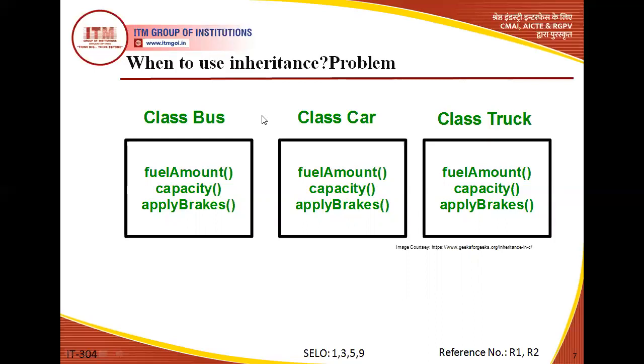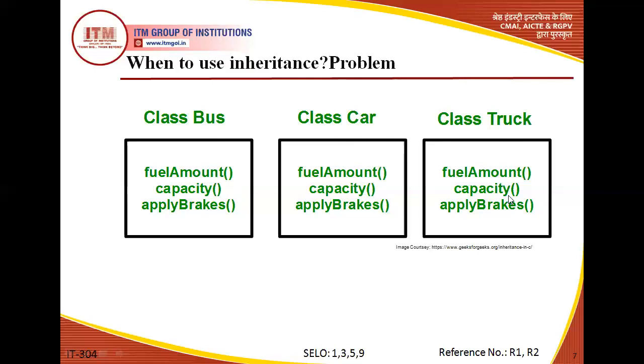Here we have a class bus, another class car, and the third one truck. In the bus class, the fuel amount is there, the capacity is also a common property, and apply brakes is also common. In car also all these three properties are present, and once again these three properties are common in truck also.